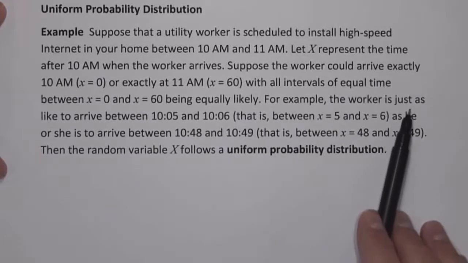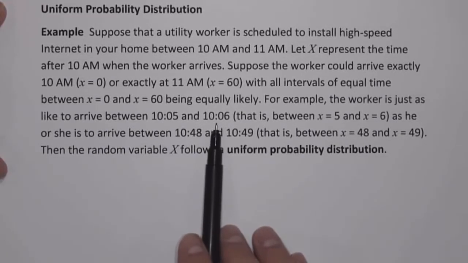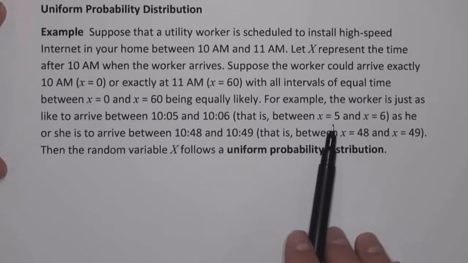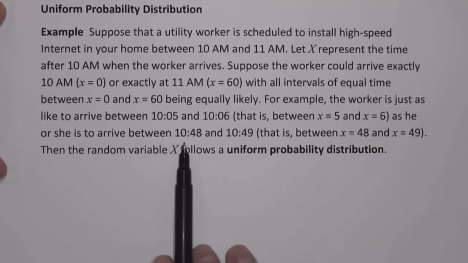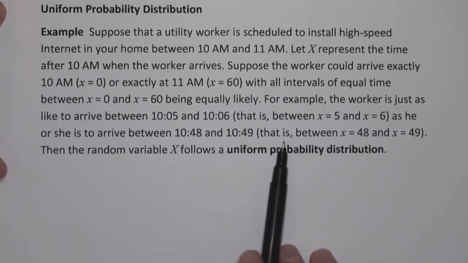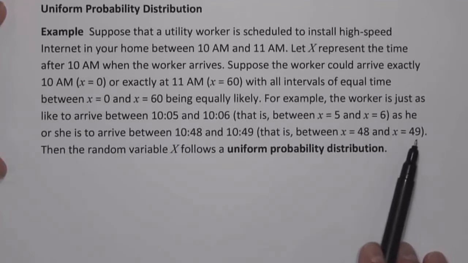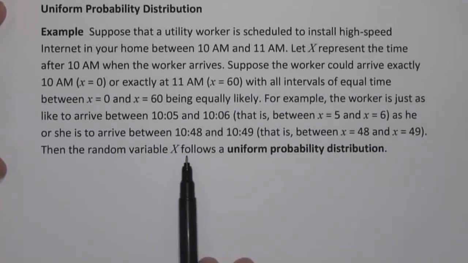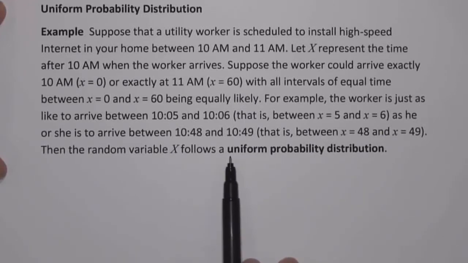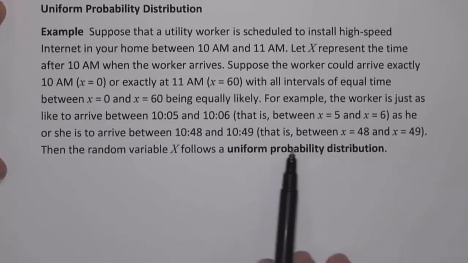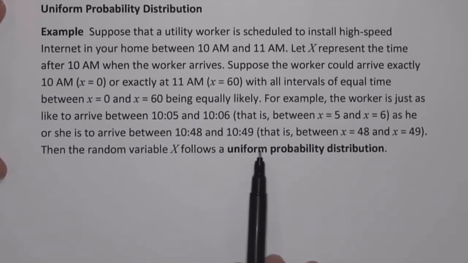For example, the worker is just as likely to arrive between 10:05 and 10:06, that is between X equals 5 and X equals 6, as he or she is to arrive between 10:48 and 10:49, that is between X equals 48 and X equals 49. Then the random variable X follows a uniform probability distribution. It's called a uniform probability distribution because all of the intervals of equal time are equally likely.